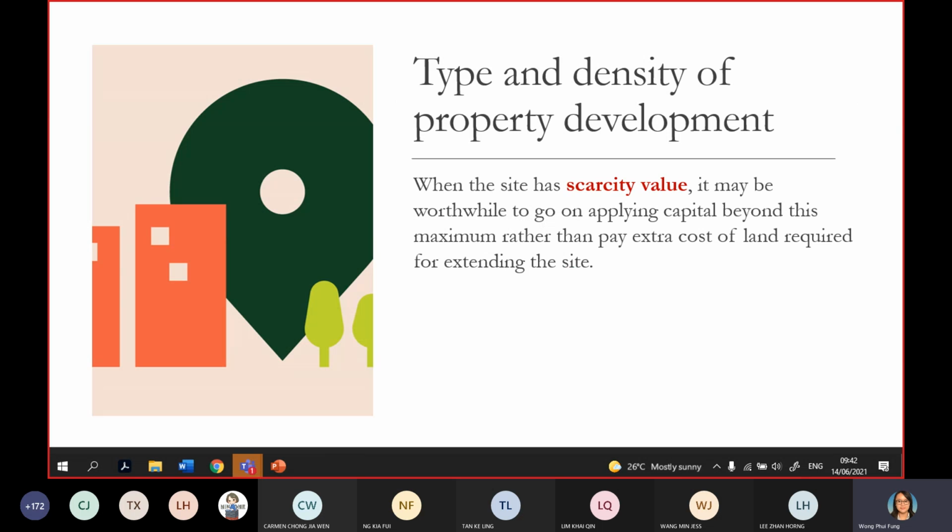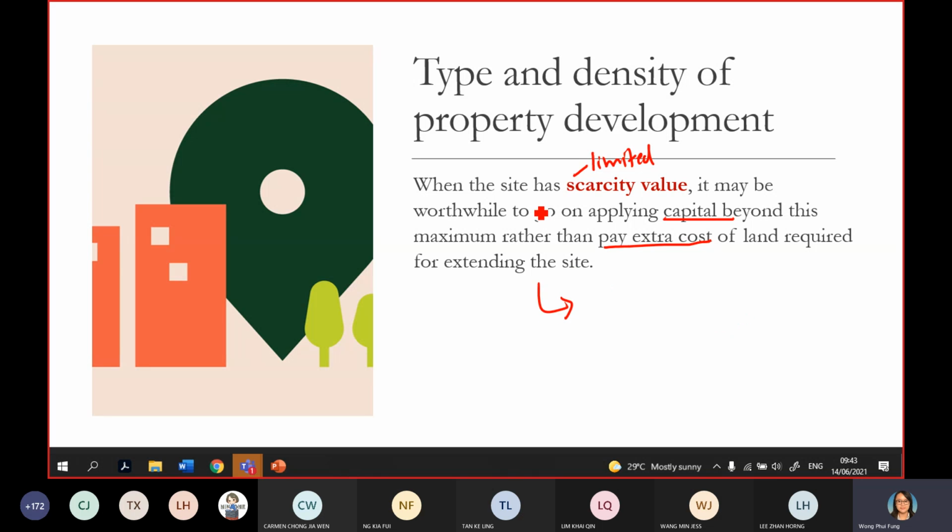When the site has scarcity value, meaning it is very limited, it may be worthwhile to go on applying capital beyond this maximum rather than pay the extra cost of land required for extending the site.